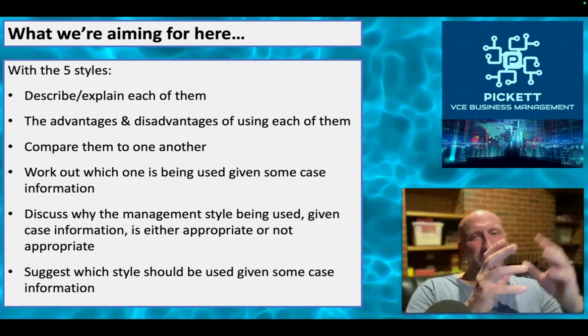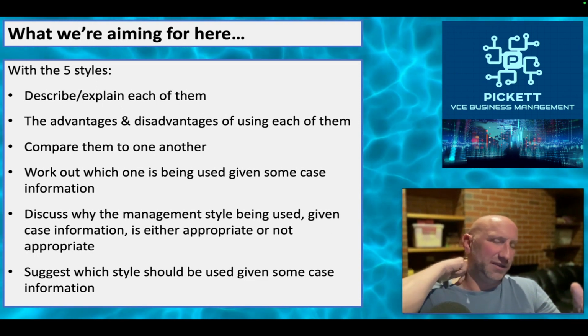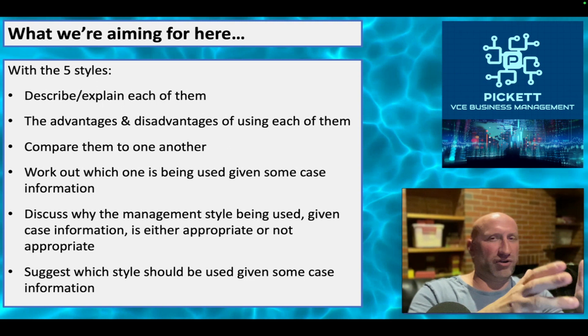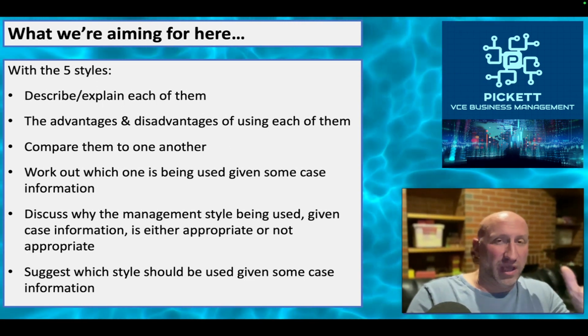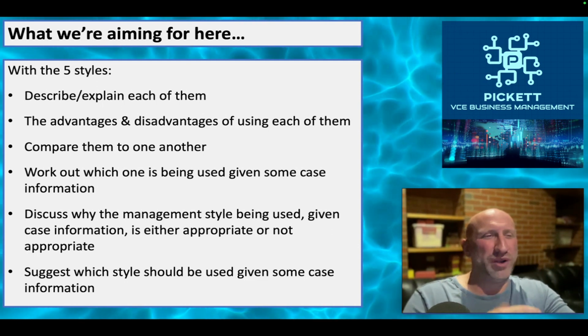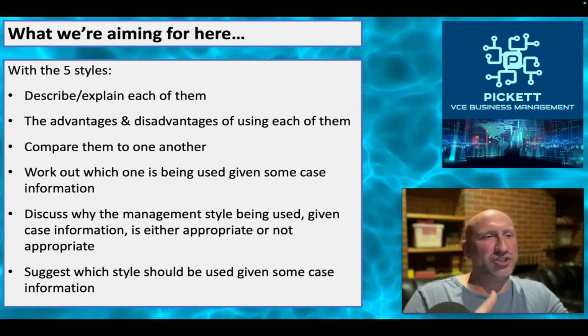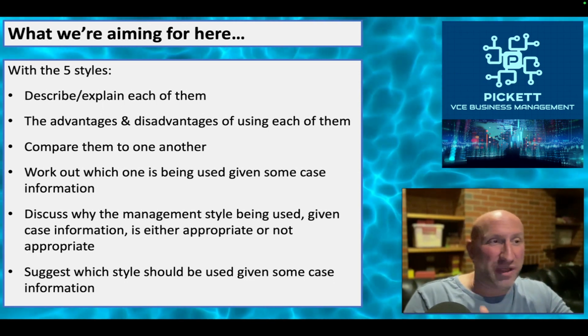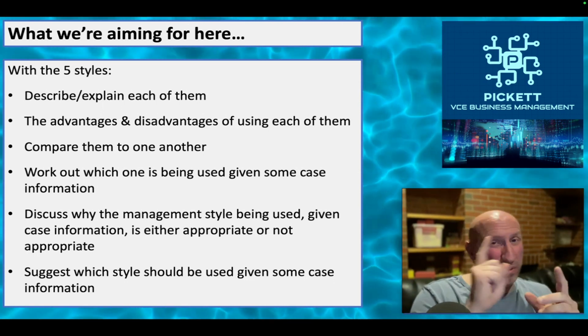Because there's 5, that seems like a lot to do with 5. The reality is that as we go through these, you're going to find that the first 2, Autocratic and Persuasive, are very, very similar. There's really only one key difference. When you're describing, explaining each and the advantages and disadvantages, it's really the same description and the same advantages and disadvantages, bar one thing.